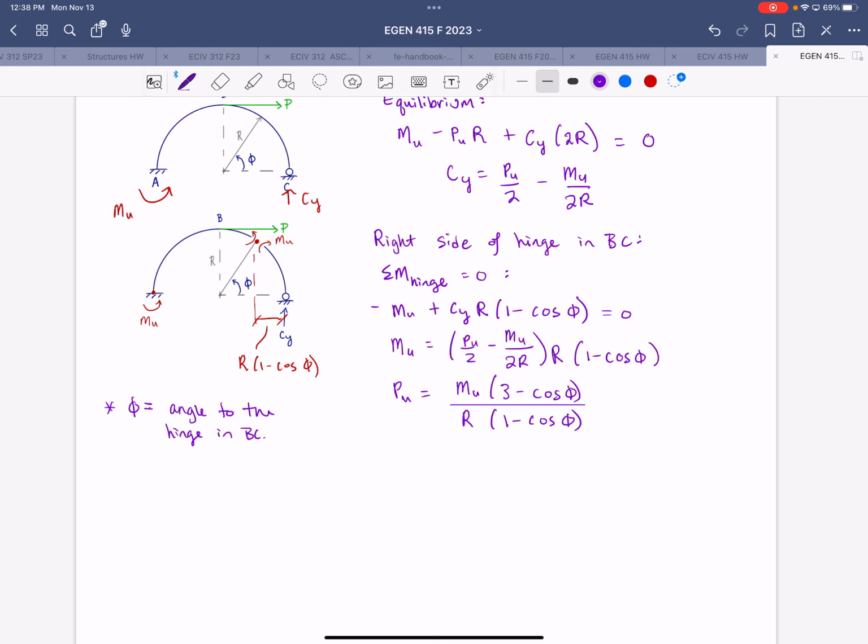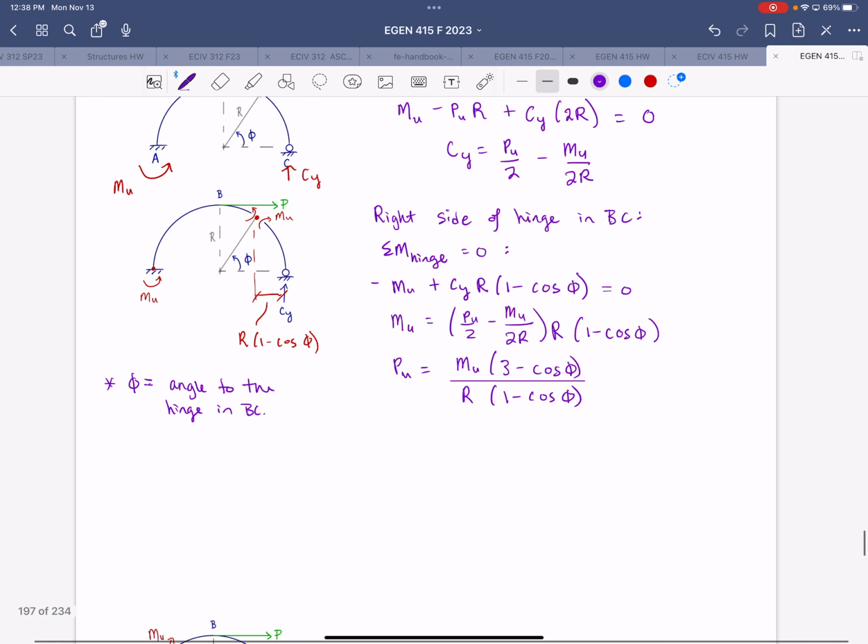Okay, so we've gotten this far. How do we know if this is actually our collapse mechanism, though? We want to find out if there is any extreme within this range. So we have an expression for Pu in terms of Mu and phi, so we'll use that.